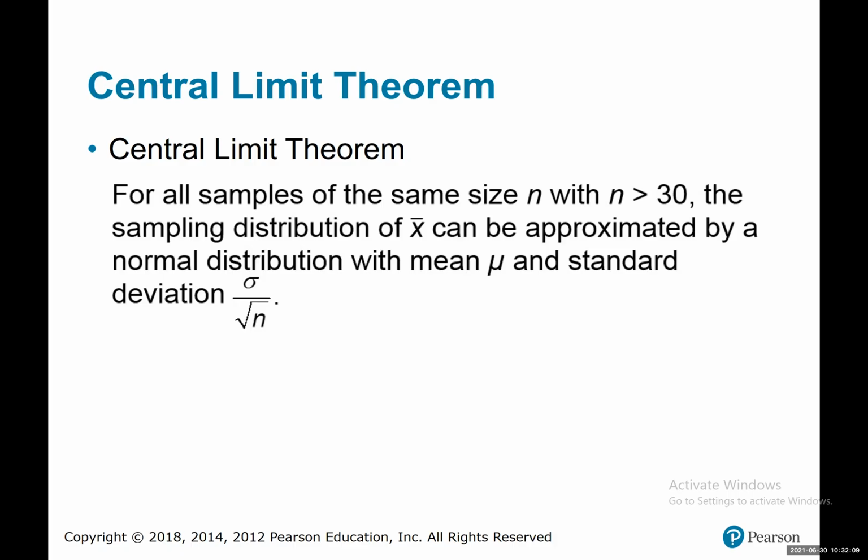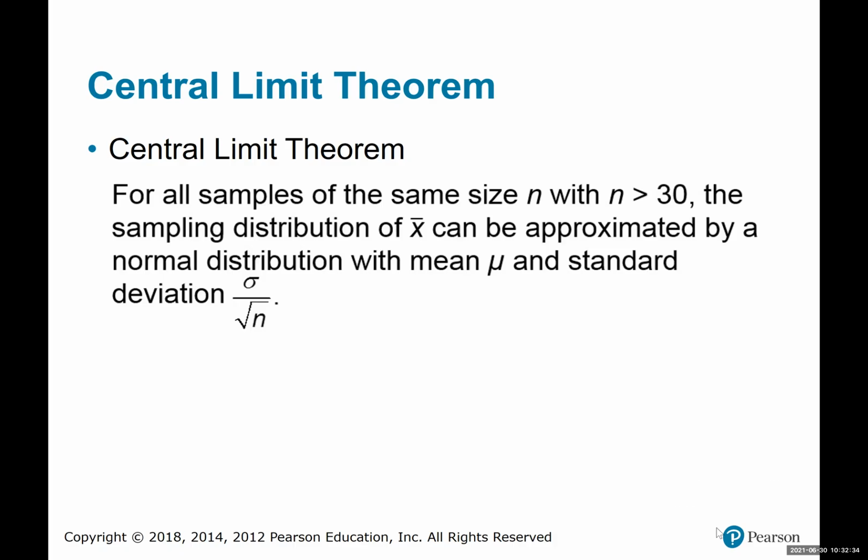The sampling distribution of X bar can be approximated by a normal distribution with a mean of mu and a standard deviation of sigma over square root of n. So the larger the denominator, the smaller the standard deviation.